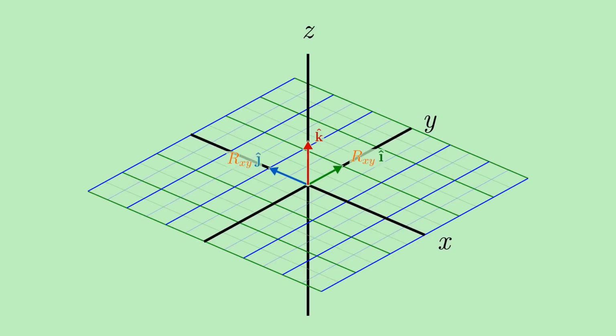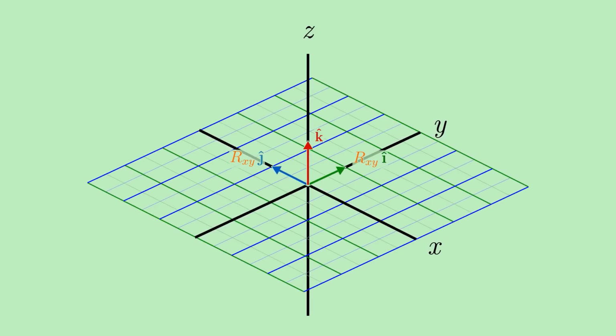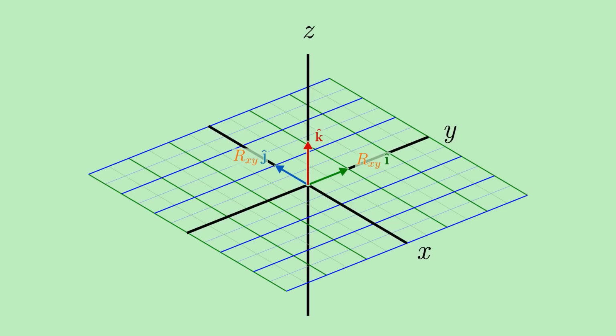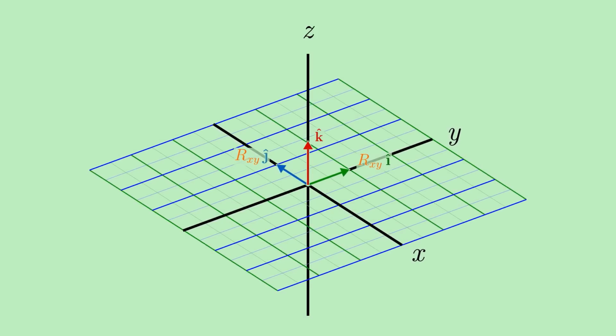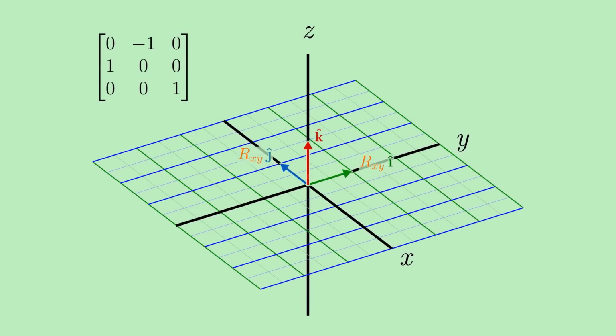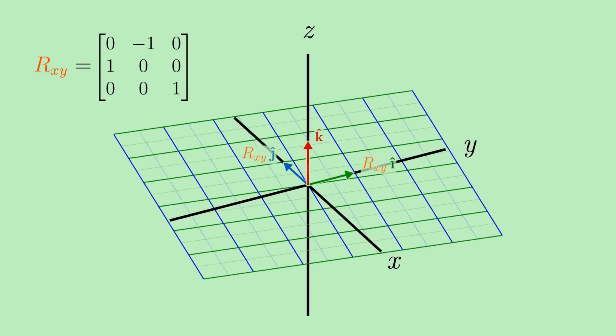Performing a 90-degree rotation about the z-axis will rotate i hat and j hat similarly to before, but leaves k hat unmoved, since k hat is the axis of rotation in this case. So the matrix that describes this rotation is given by this 3x3 matrix, which I'll call Rxy, since it's a rotation of the xy plane.